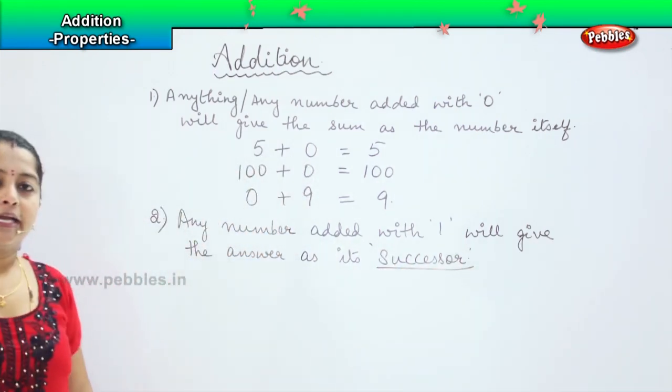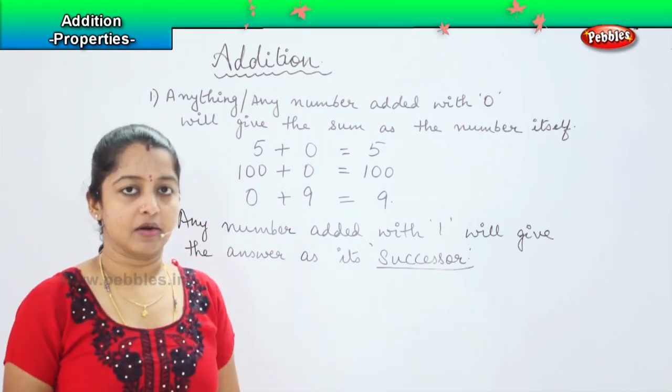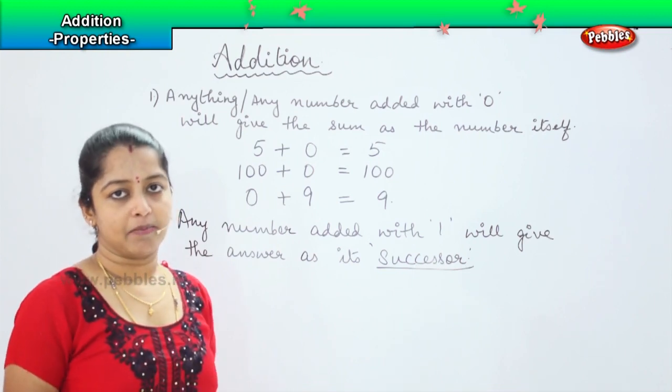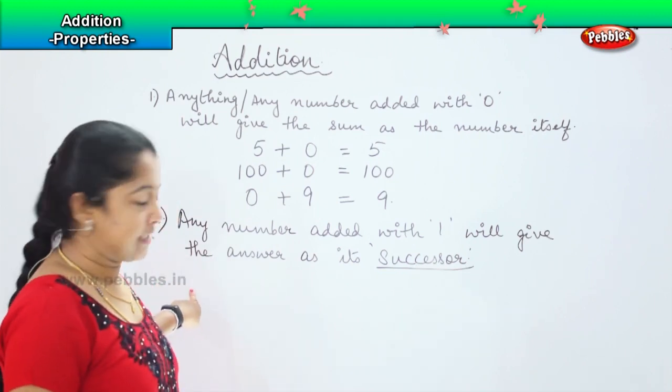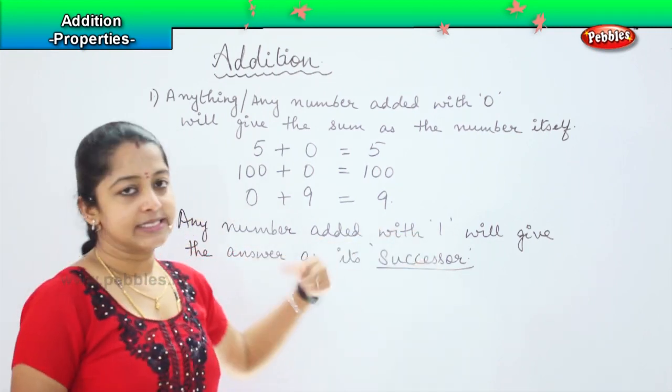So, if you remember in our previous class, we learned the term successor. What do you mean by successor? A number which comes immediately after the given number. Okay. So, the next property says any number added with 1 will give the answer as its successor.